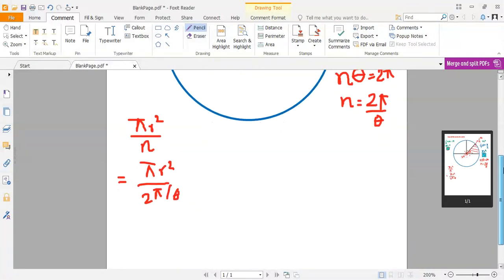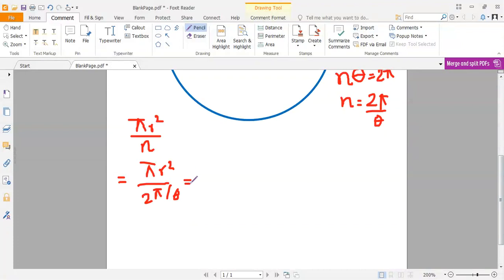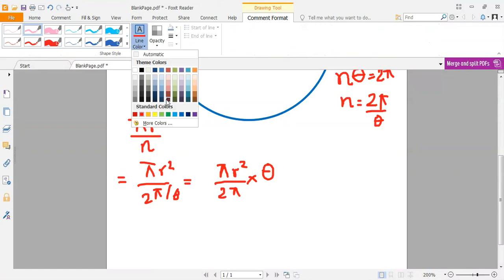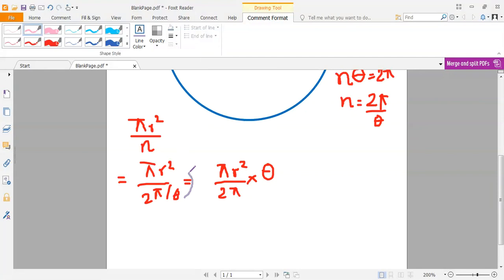Now theta is in the denominator, so I can write it as pi r square by 2 pi, and I can pull theta up into the numerator. If I change the color of my pen, to a beautiful purple, I am bringing this theta up.